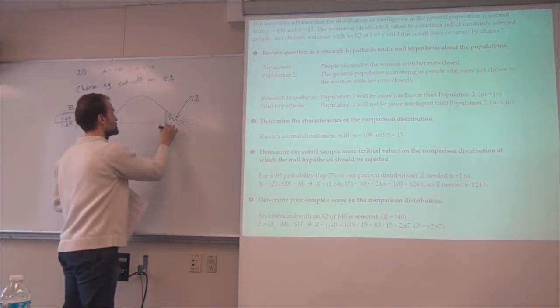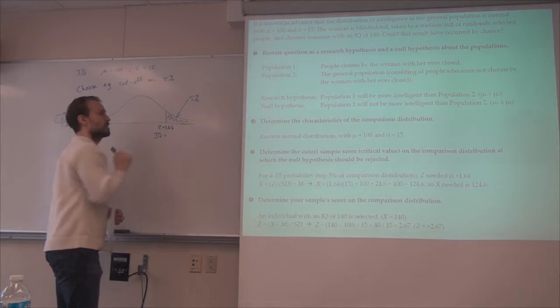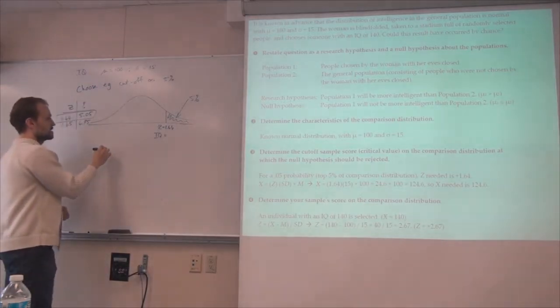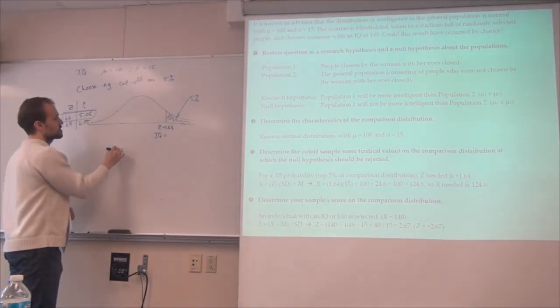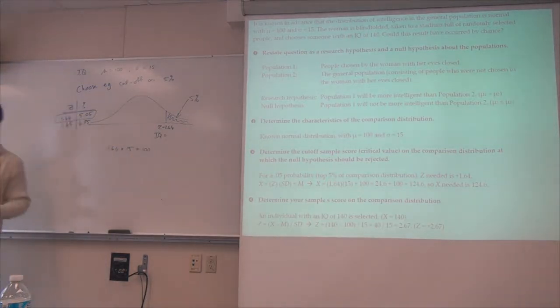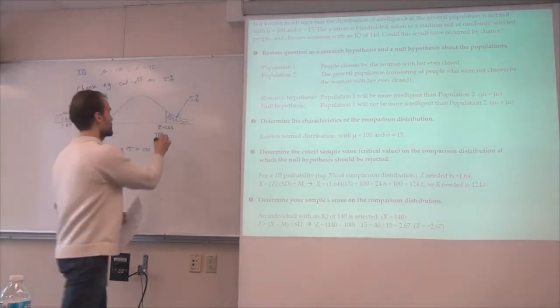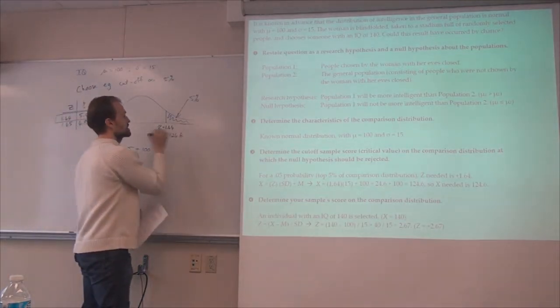So 1.64, what IQ value does that correspond to? Well, that's going to be 1.64 times the standard deviation plus the mean. What do I get for that? Did they tell me? Oh yes, right there. 124.6.